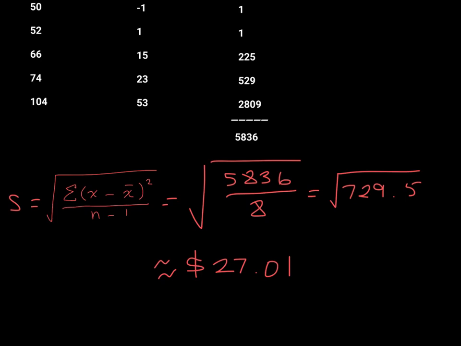They never told us to, but we need to know that we need to round to this place value. Why? Because we're talking about money. So we're rounding to the nearest hundredth or the nearest cent in this case. All right, folks, $27.01 is the standard deviation for this set of data. Great job.